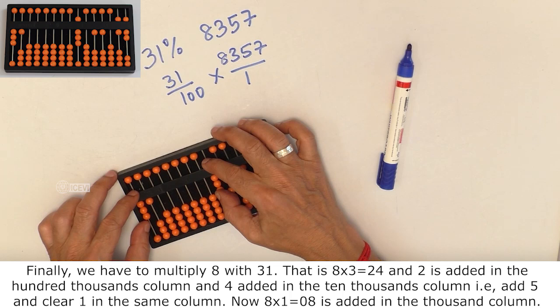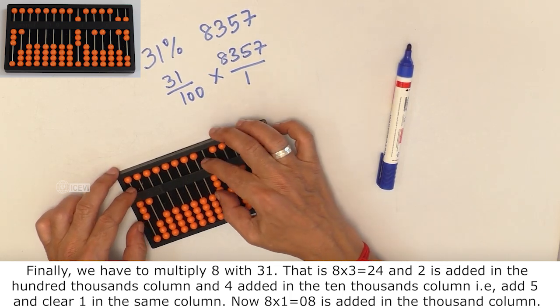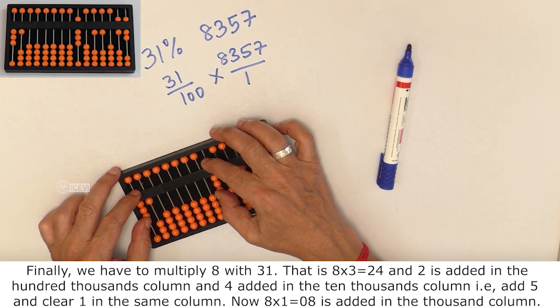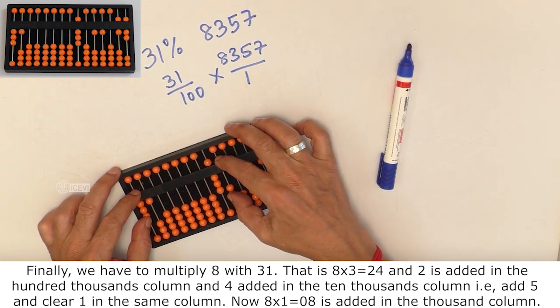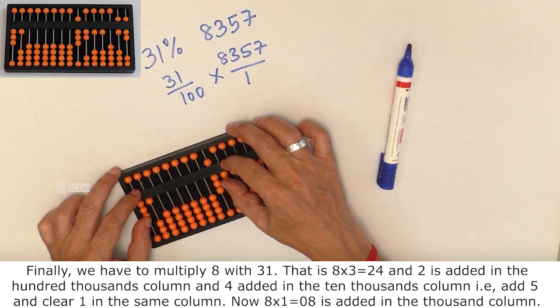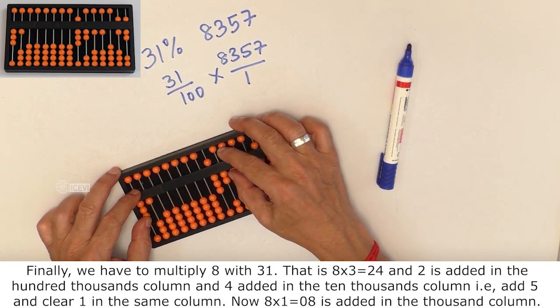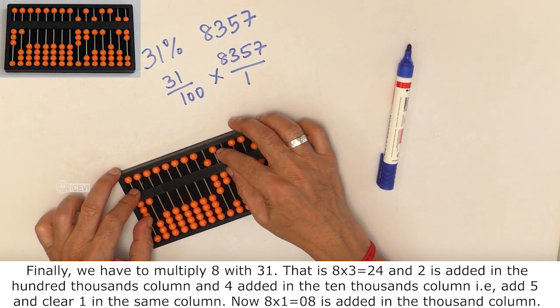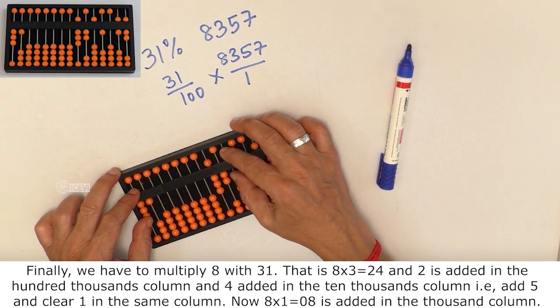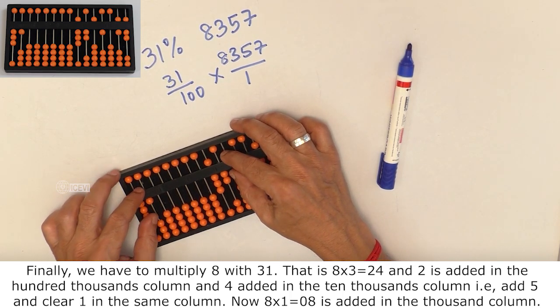Now 8 should be multiplied with 31. That is, 8 multiplied by 3 is 24. That is 2 added in the 100,000s column and 4 added in the 10,000s column. That is, add 5 and clear 1 in the same column. Now finally 8 is multiplied with 1, that is 0, 8.